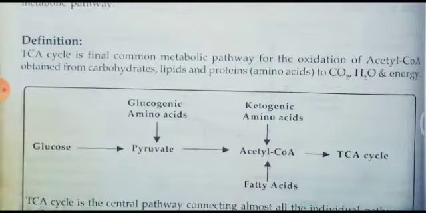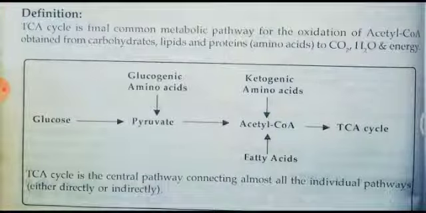In this, we can see the depiction. Glucose, which is obtained from carbohydrate, is converted to pyruvate, and the glucogenic amino acids obtained from proteins are converted to pyruvate by various reactions.